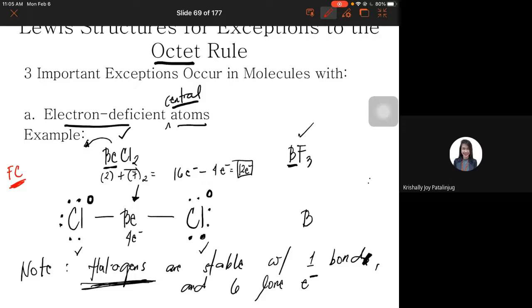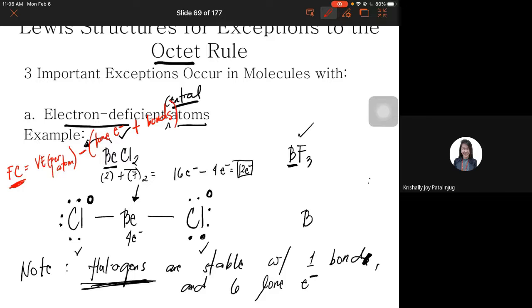The formal charge will help us determine if the atom in that molecule is in its stable bonding state. Now, let's check the formal charge of that beryllium. Formal charge is the number of valence electrons of that atom, minus the lone electrons, minus the number of bonds.